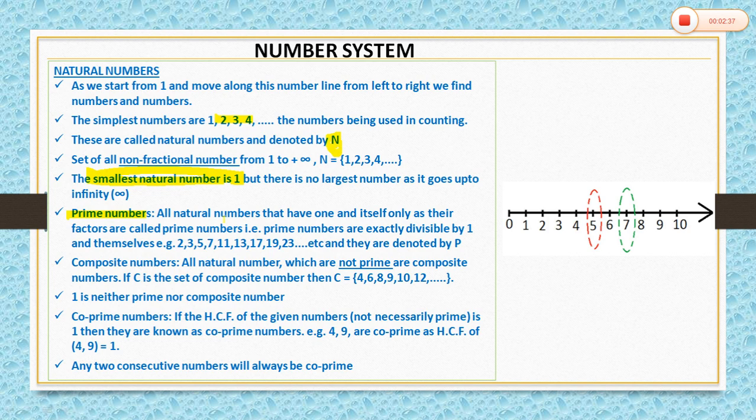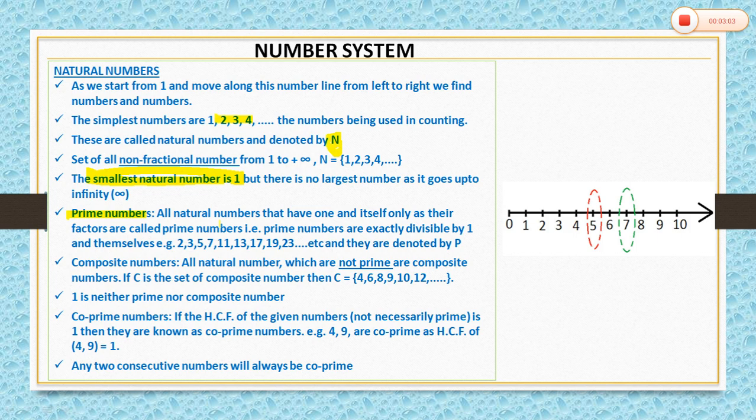So it clearly defines the prime numbers: all the natural numbers जिनके factors 1 होते हैं and the number itself, those all numbers are known as prime numbers. 4 तो prime number नहीं है because 4 में तीन फैक्टर्स आ रहे हैं, तीन नंबर से 4 डिविजिबल है.